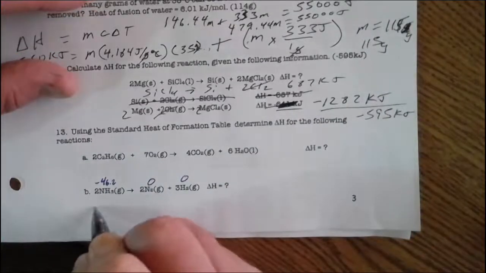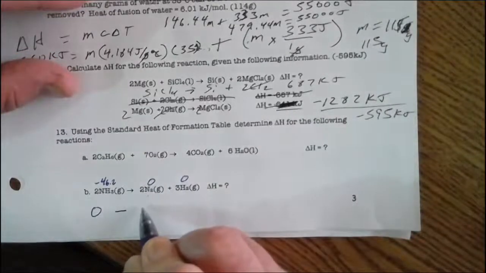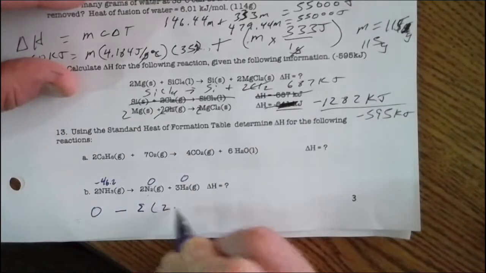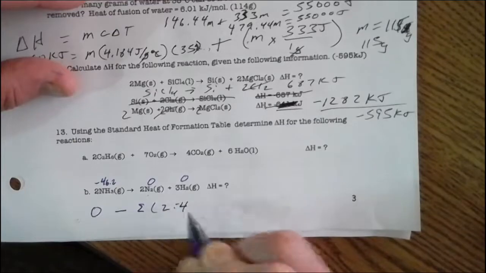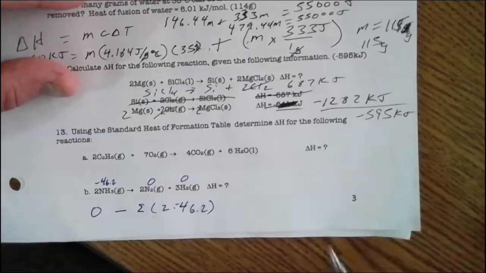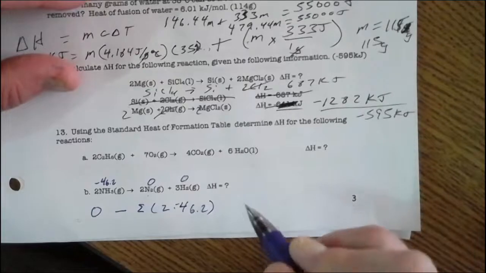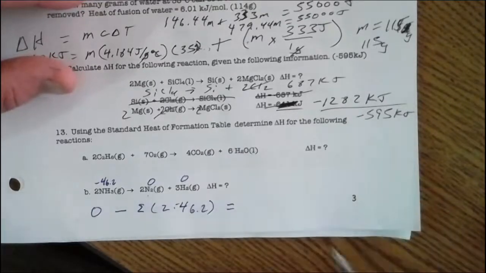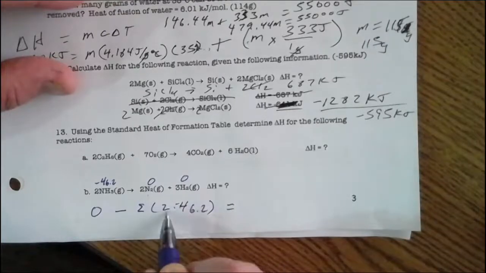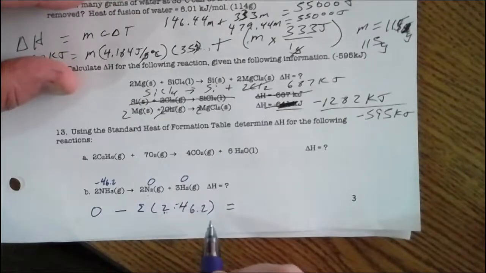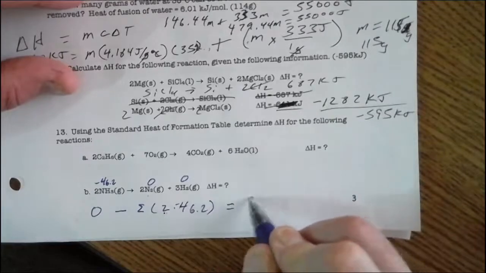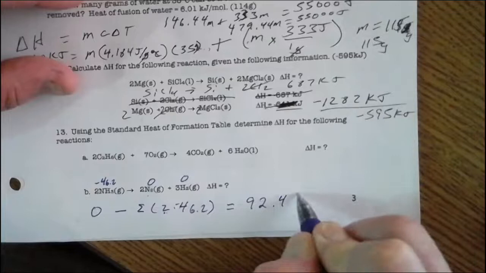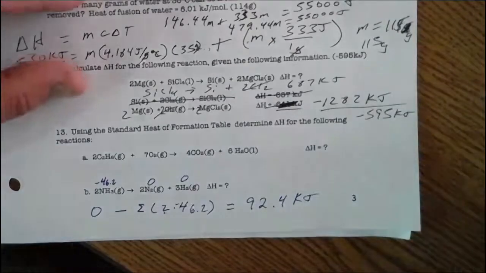So we're going to take 0 minus the summation of 2 times negative 46.2. And what is that? 92.4? Yep. Hey, this guy can math. Since this is negative, it's going to be negative 92.4. We take 0 minus negative 92.4. We get 92.4 kilojoules.